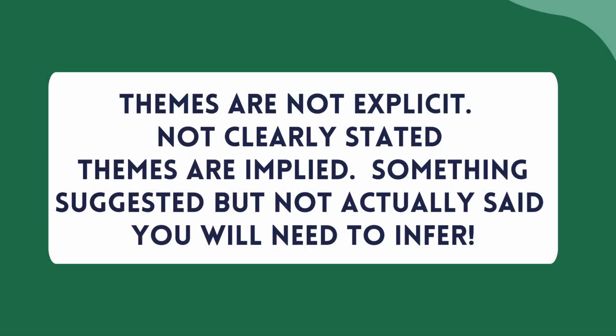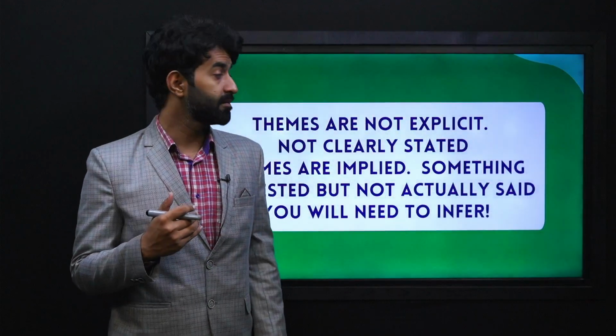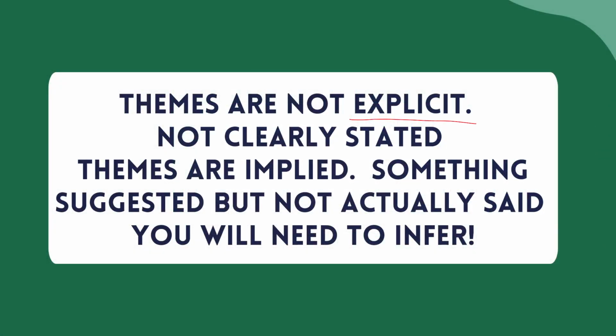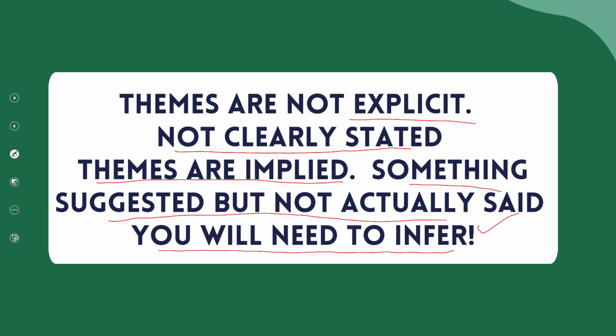Now, let's talk about themes. Can you find themes easily? No, because they are not explicit. They are implicit. They are implied in the text of the work. These themes are something suggested but not stated. You will need to infer. It means that you will need to put some work on the text, on the poem, to actually get the main theme out of it.